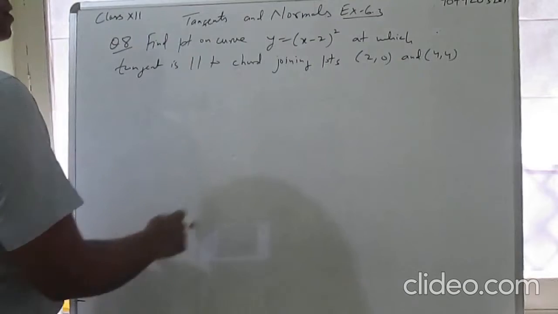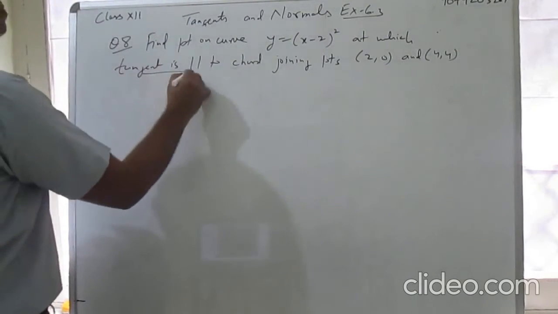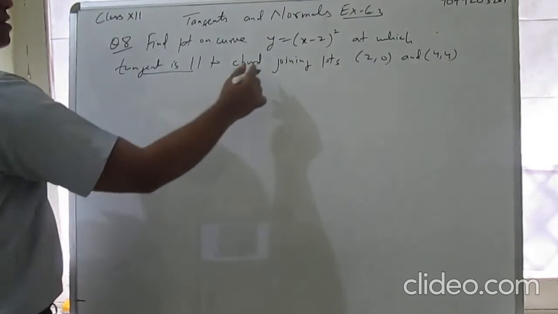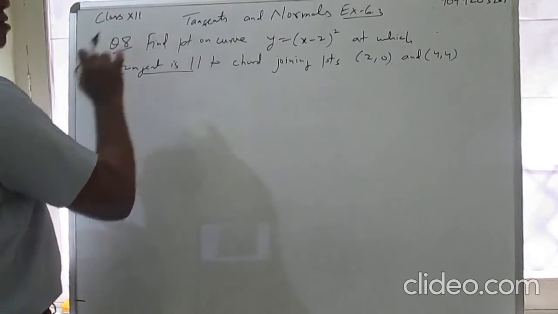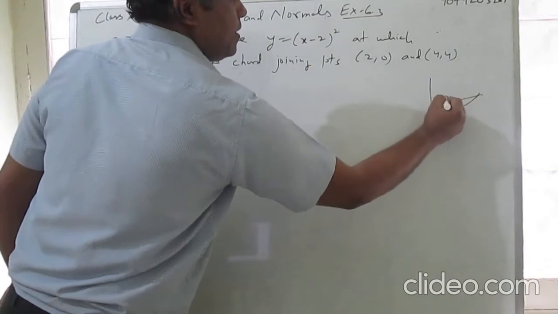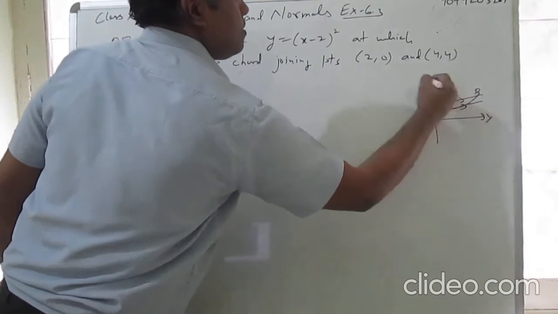Now, in this question we see that tangent is parallel to chord, like this. This is a chord AB and this is a tangent. These are parallel.